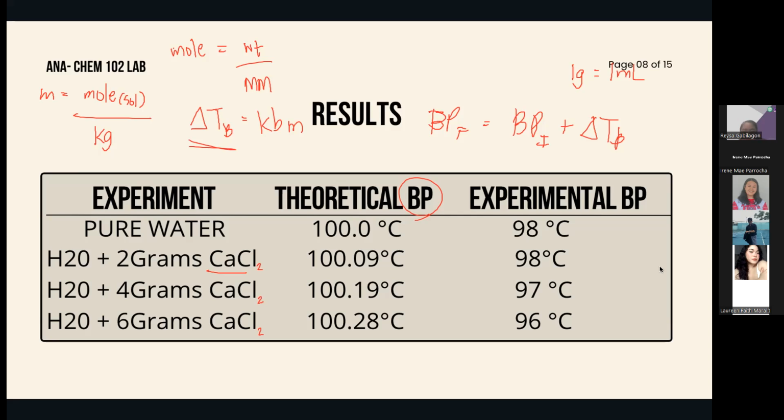Okay? Pero the downward trend, I'm not that sure with the downward trend with your experimental boiling point. It is supposedly increasing. Okay? Pero meron talaga yung discrepancy kasi maraming factors na mag-contribute to the result of the actual experiment compared to the boiling point.